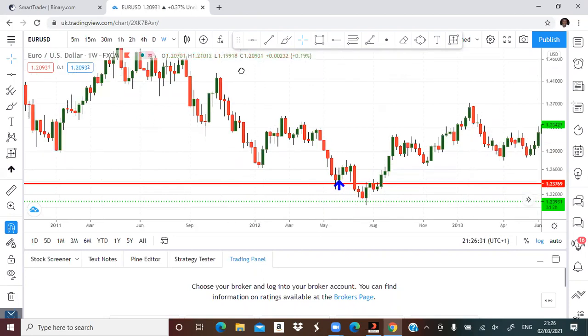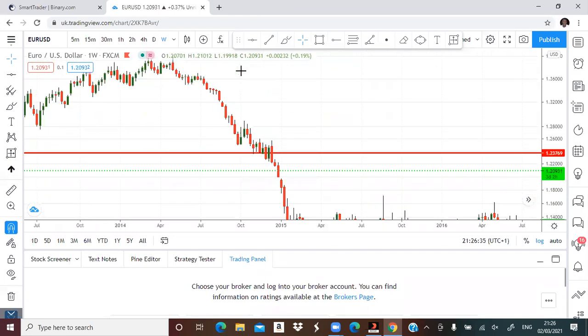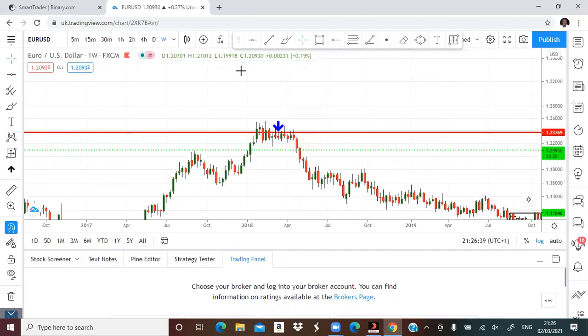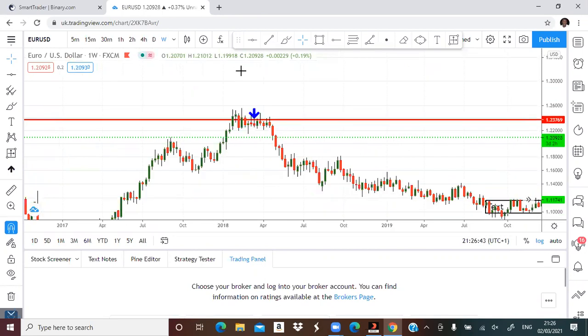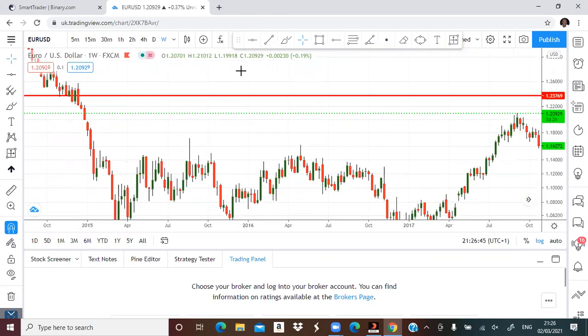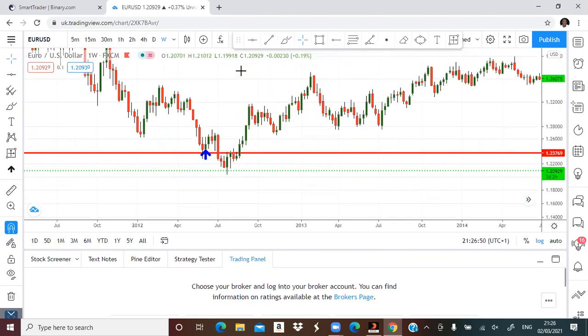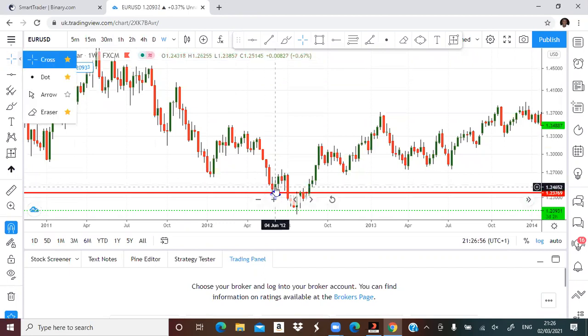Now price got to this point, broke through this zone, and here it became resistance. I don't know if you guys are following. Let me look at the year when this happened. Okay, this was 2012. The year doesn't really matter.